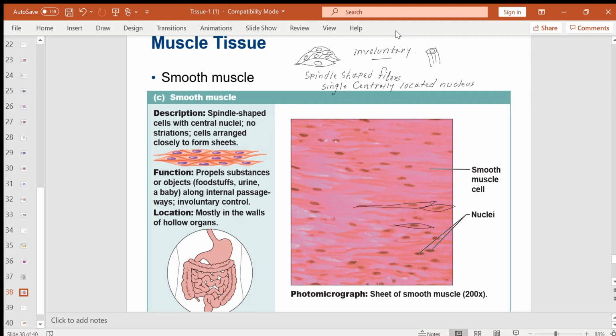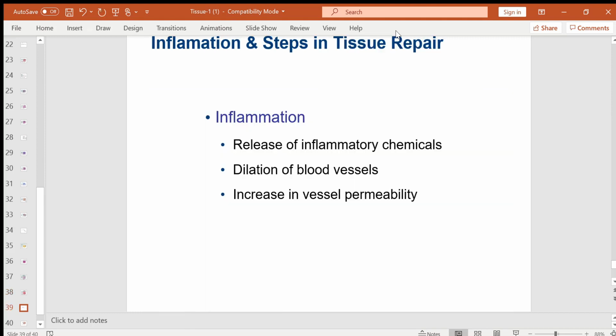And the wall of the hollow organs, like wall of the stomach, urinary bladder, uterus, gallbladder. So those are the structures where you will find the smooth muscle tissue. Okay, so that's all about 4 different types of tissues.